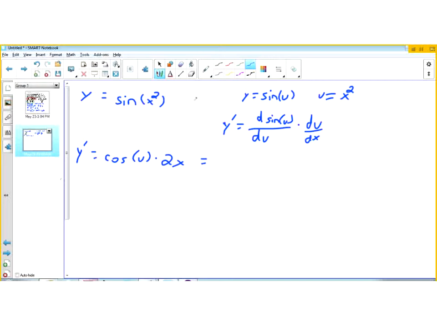Now we just plug in our value for u, and so we get cosine x squared times 2x. And don't forget the meaning of a derivative. It's the slope of the tangent line to this graph at some particular value of x.